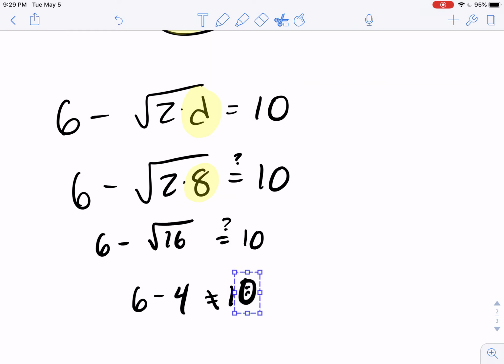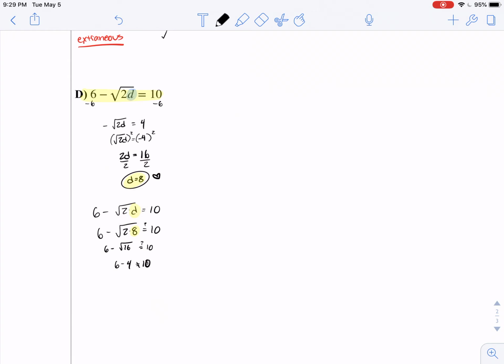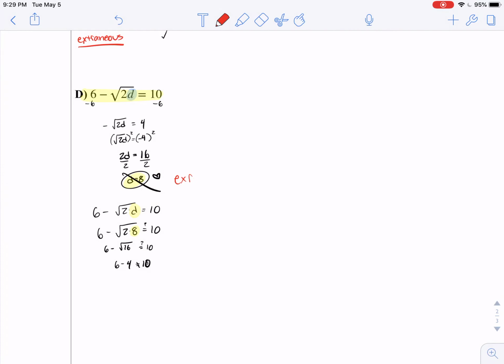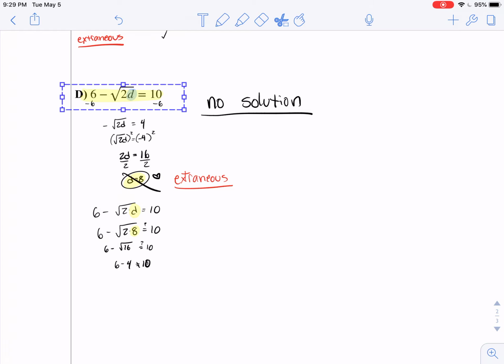Sorry, guys. So this has no solution because that was our only solution and it doesn't work. It was extraneous. It was extra. So we say, in conclusion, this has no solution, because there is no number that will make this true.